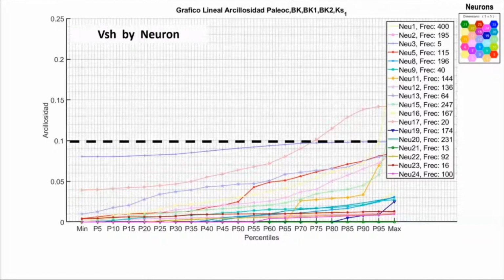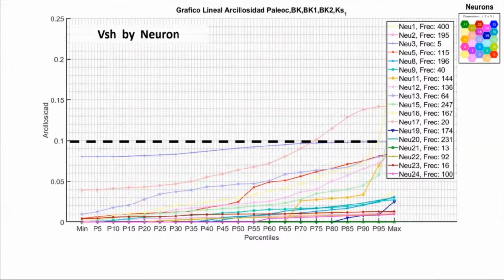So maybe in V shale, as you can see, most of the neurons have around percentile 70 representing V shale volumes lower than the cutoff value, but this one, from the percentile 75, has some data above the cutoff value, so you have to be careful with this neuron.